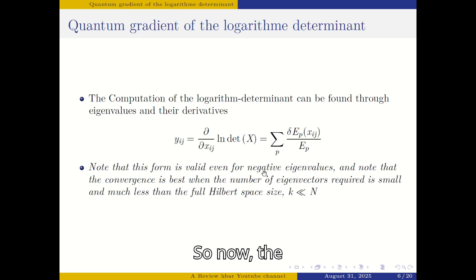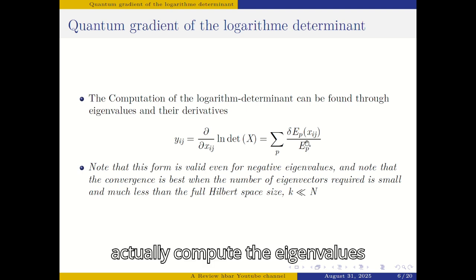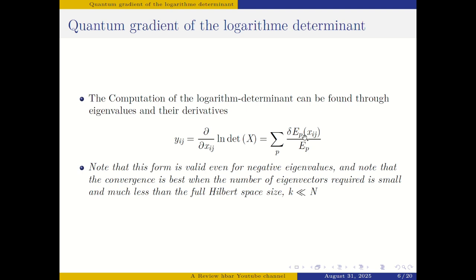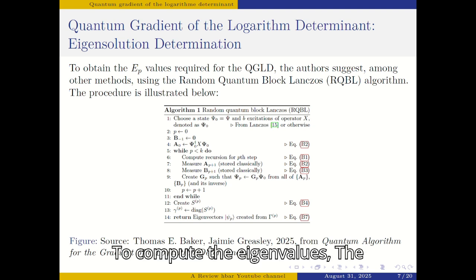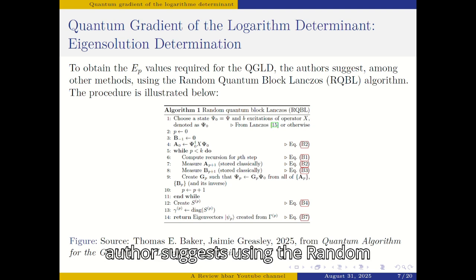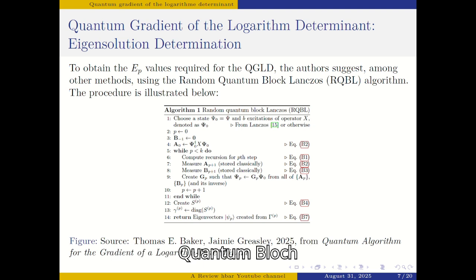So now the key question becomes how do we actually compute the eigenvalues and the derivative? To compute the eigenvalues, the author suggests using the random quantum block like those algorithm, which is described below.